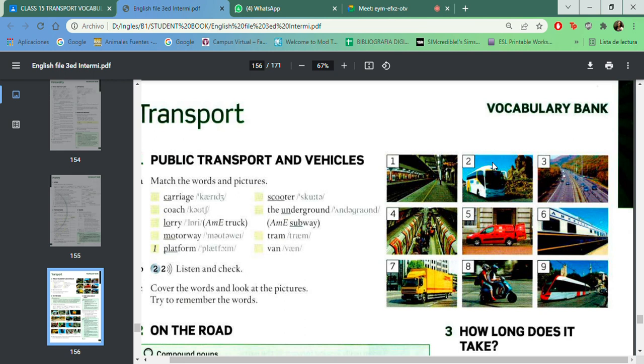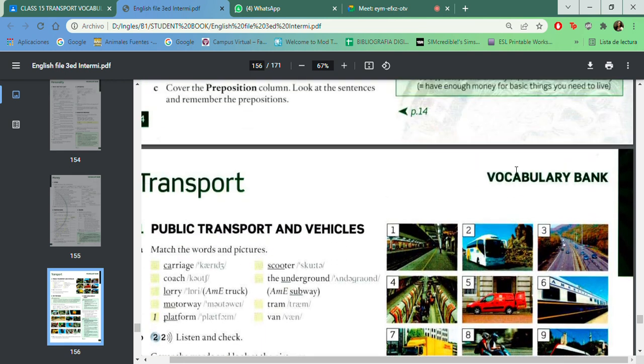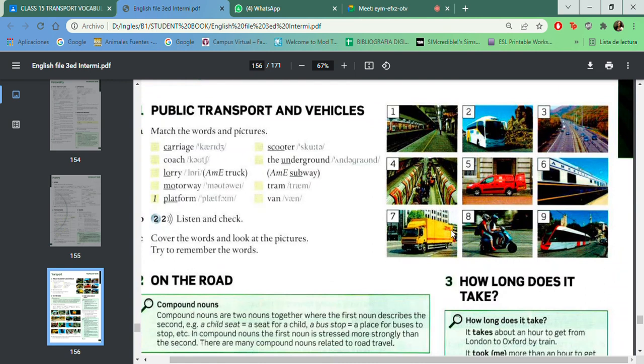And carriage is not exactly a type of transport. Okay, it would be the wagon, in Spanish. Exactly. Thank you. Carriage, wagon.